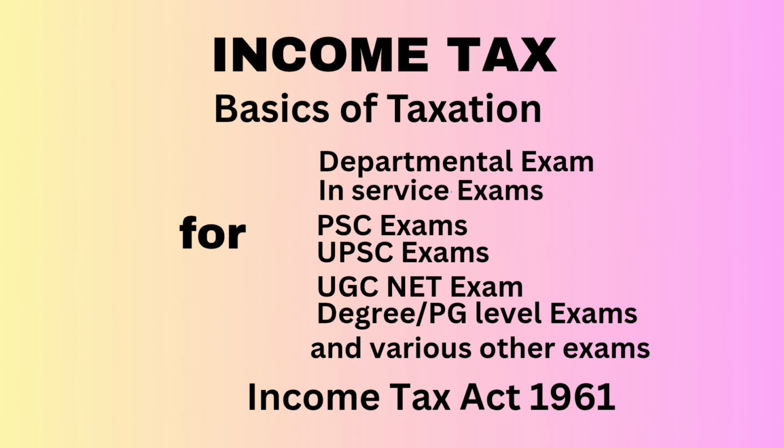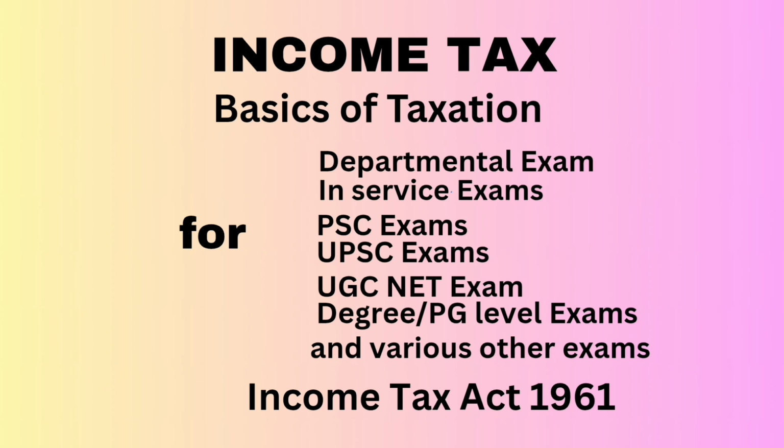D. Example, for the previous year 2024-2025, assessment year is 2025-2026. The income of the previous year 2024-2025, that is from 1/4/2024 to 31/3/2025, is chargeable to tax during the assessment year 2025-2026.